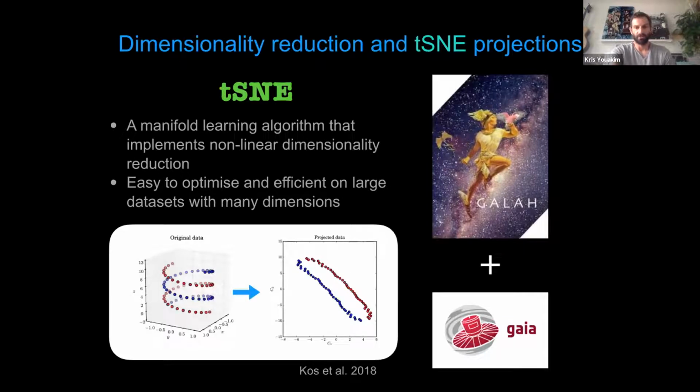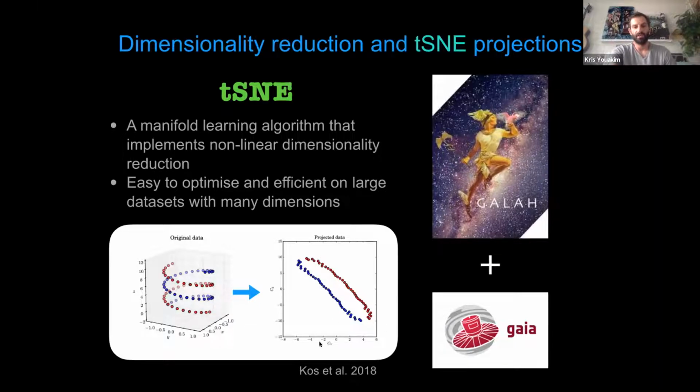So just to give you a quick conceptual idea of how this works, this is a plot I borrowed from Janus's paper, where we're showing how we can go from points that are clustered in high dimensional space, and we project them down into 2 dimensions, which is easier for us to interpret.